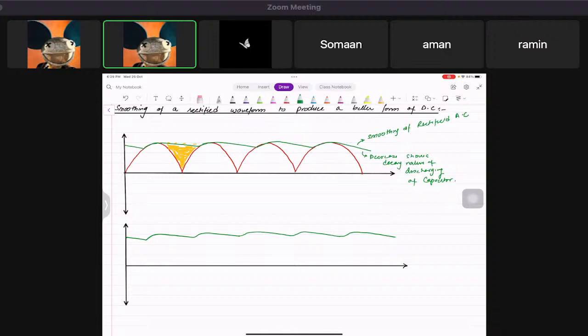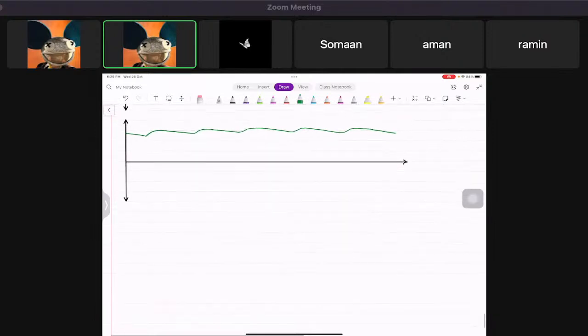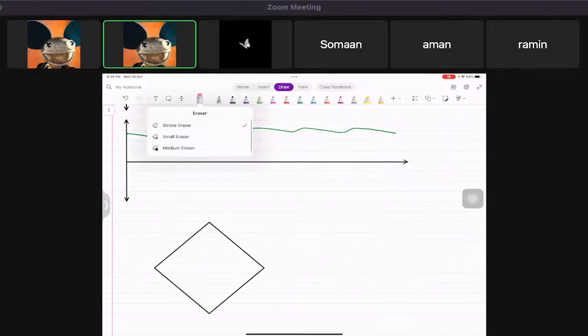Now, the way we actually achieve this is, so we have this bridge rectifier like this. Just don't draw it yet. I just want to draw this first.